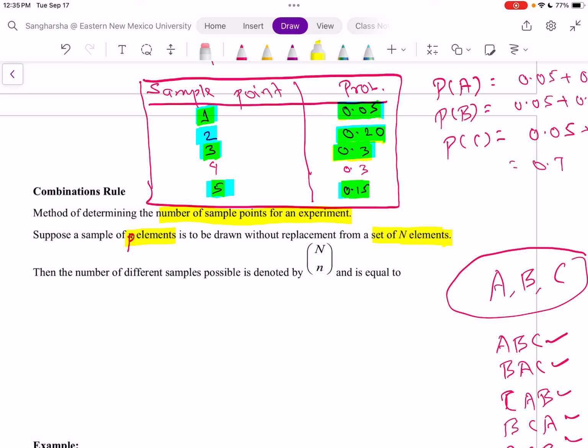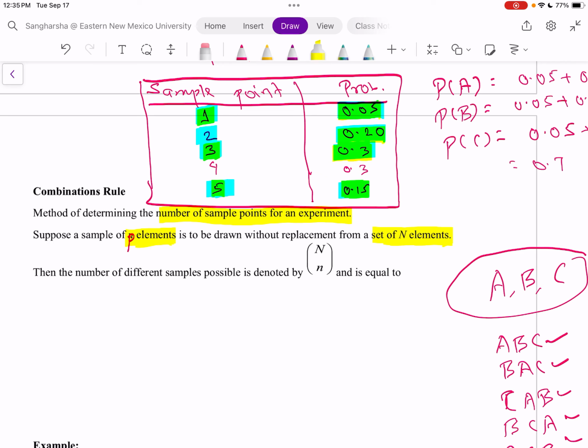Like we have 16 here, so 16 is our n, and we are picking 3 students, so 3 is p. So we have n elements in a set, and out of n elements, we are picking p elements.